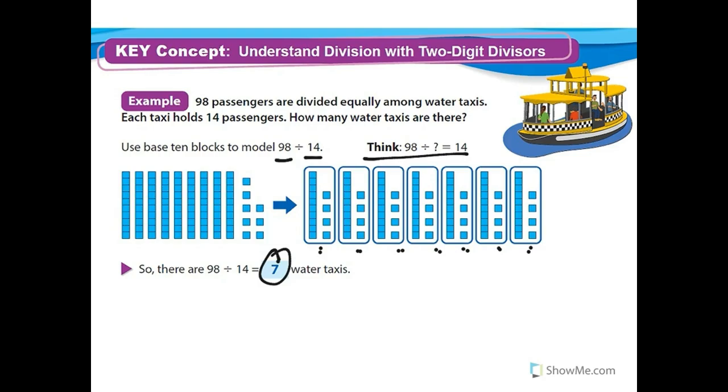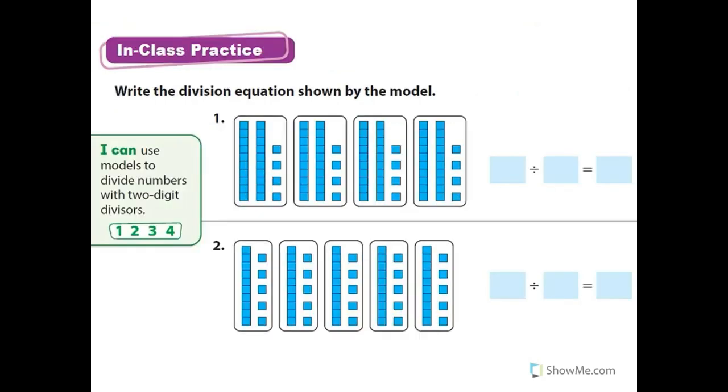So let's do some in-class practice. In number 1 and number 2, it wants us to write the division equation shown by the model. Well, how many groups do we have here? 4, so it wants us to put it in groups of 4. And how many are in each group? Well, there's 10, 20, 1, 2, 3, 4. 24 are in each group.